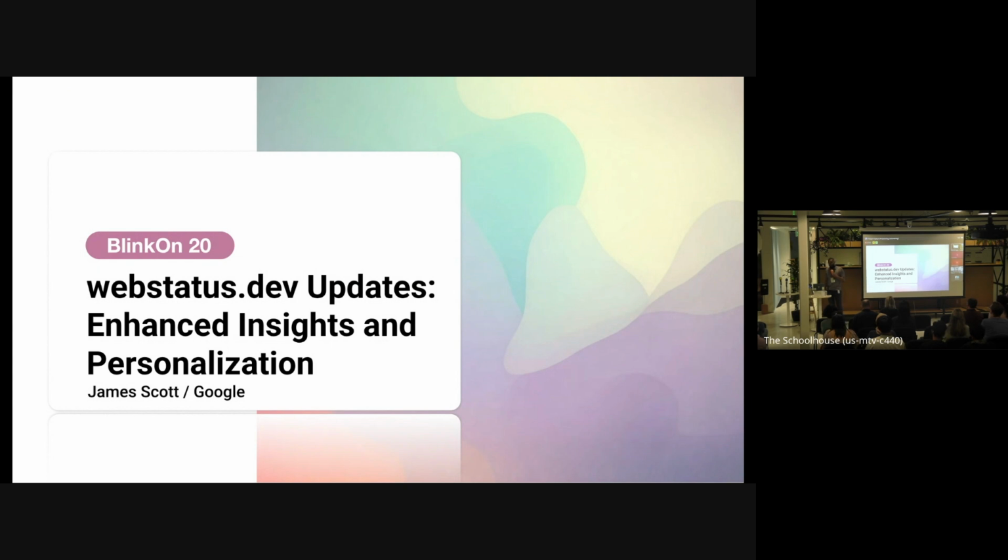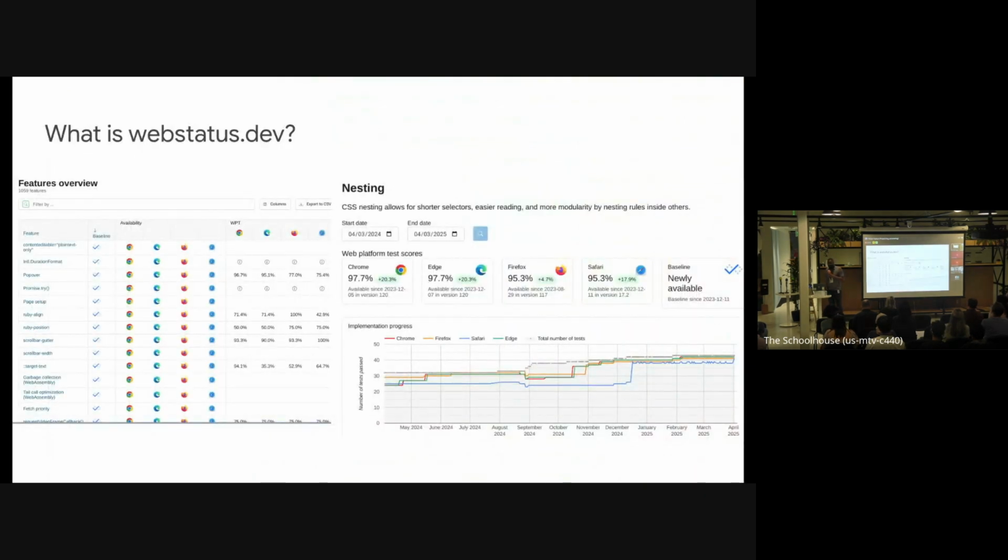I'm James Scott from Google, and today I'm here to speed run through some updates about webstatus.dev. As a quick reminder, webstatus.dev is a dashboard for understanding the web platform and its features across all major browsers, providing up-to-date information such as browser availability and web platform test scores. It also highlights things like baseline features, which indicate interoperability across browsers.